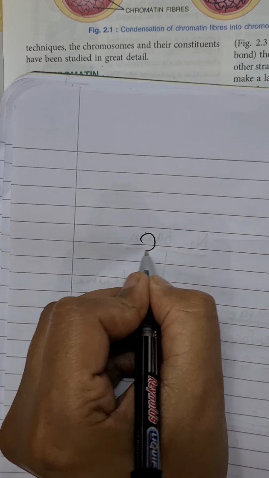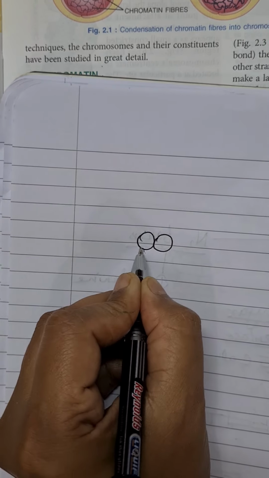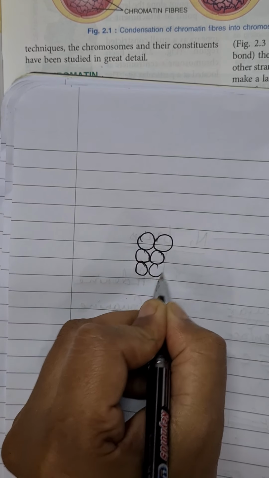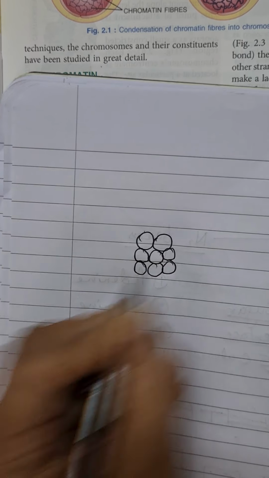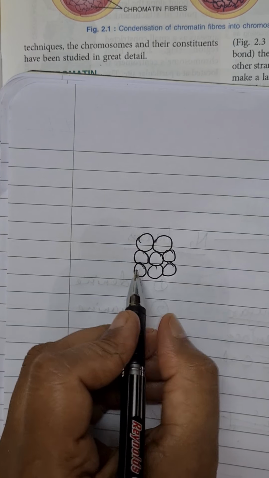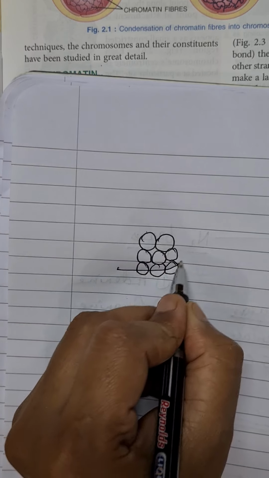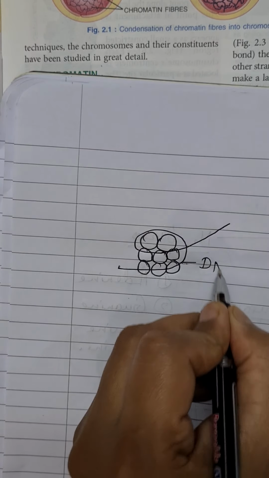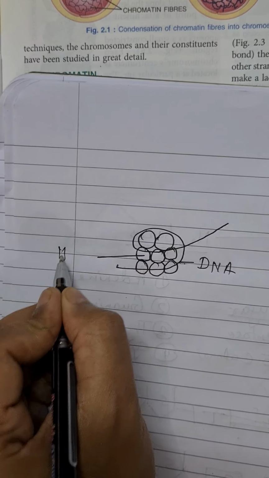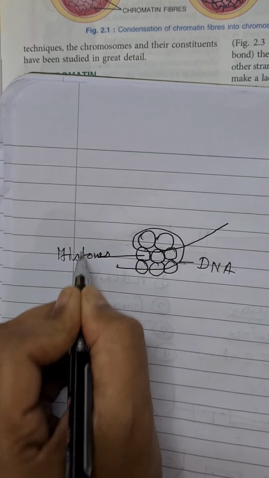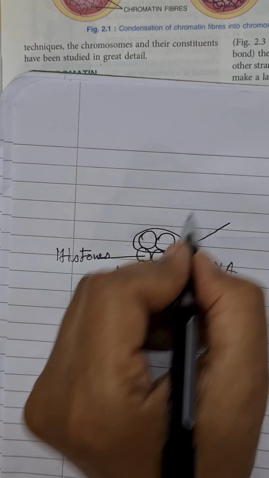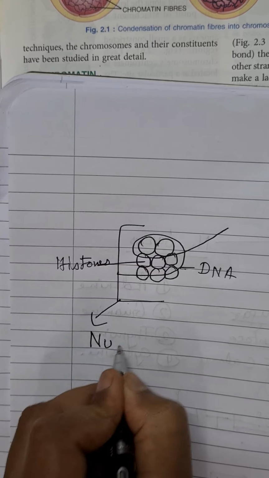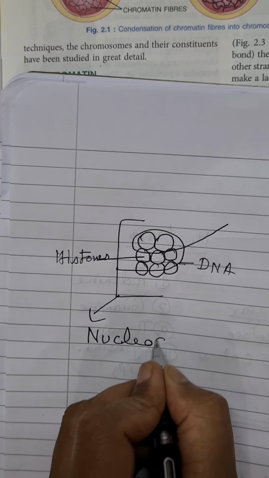Now 8 histone molecules: 1, 2, 3, 4, 5, 6, 7, 8. So these are the 8 histone molecules wrapped by 1 or 2 loops of DNA. Together they form one unit, and these units are known as nucleosomes.